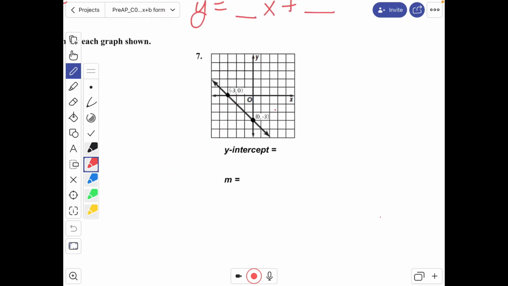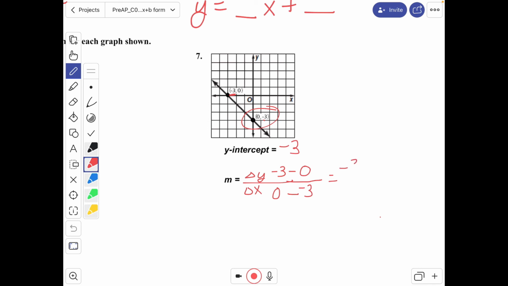So the y-intercept, again, that's where x is 0, so the y-intercept is -3. Then the slope is where we're going to subtract the points. So the two y's are -3 minus 0, and then the x that went with -3 is 0 minus the x that went with 0, -3.